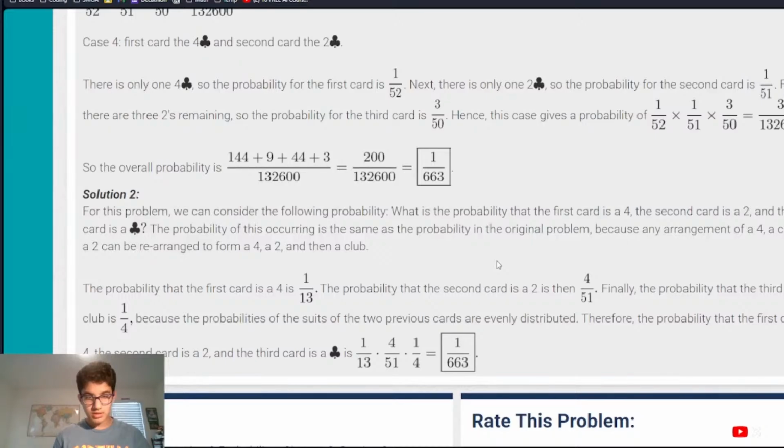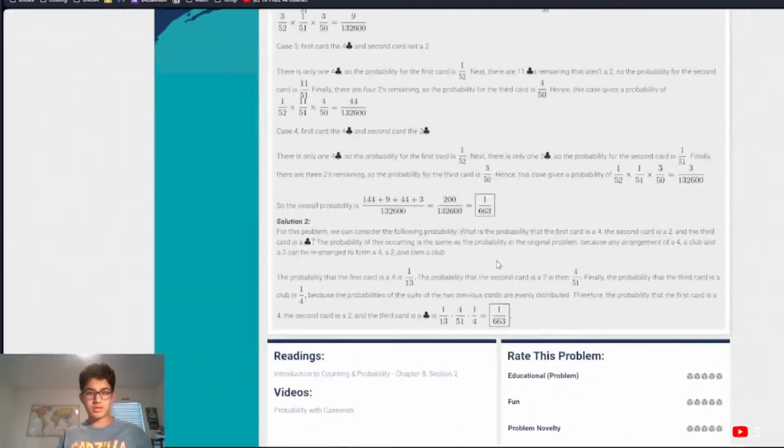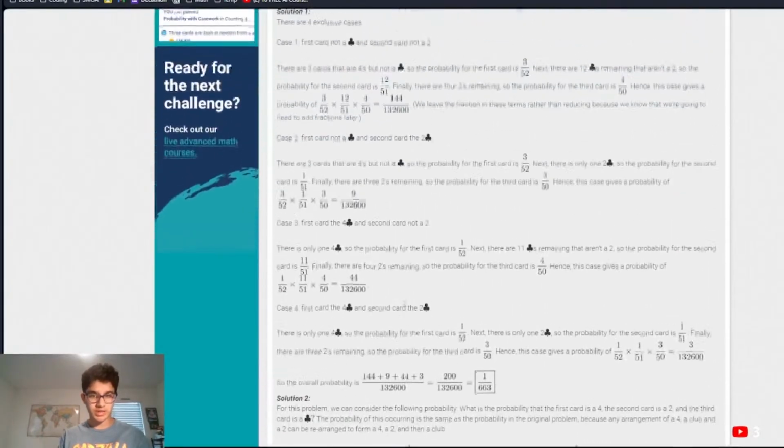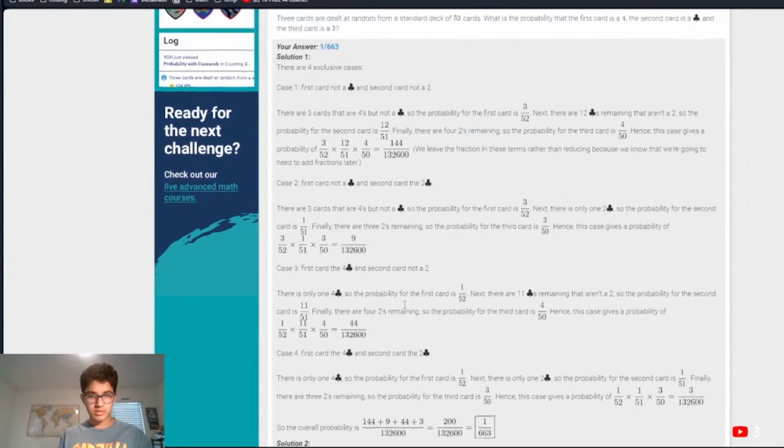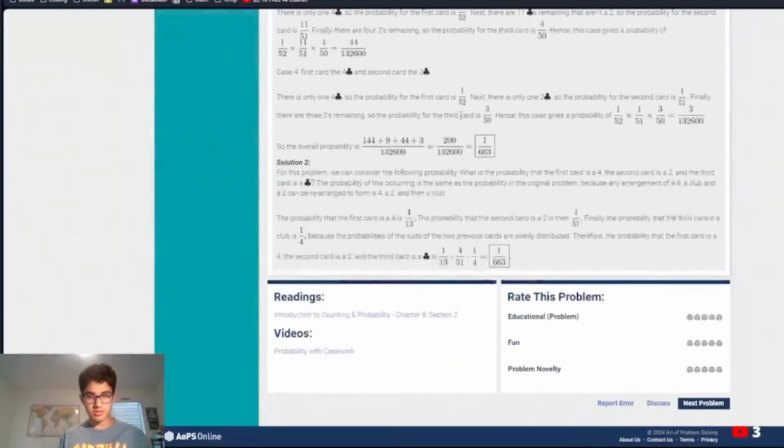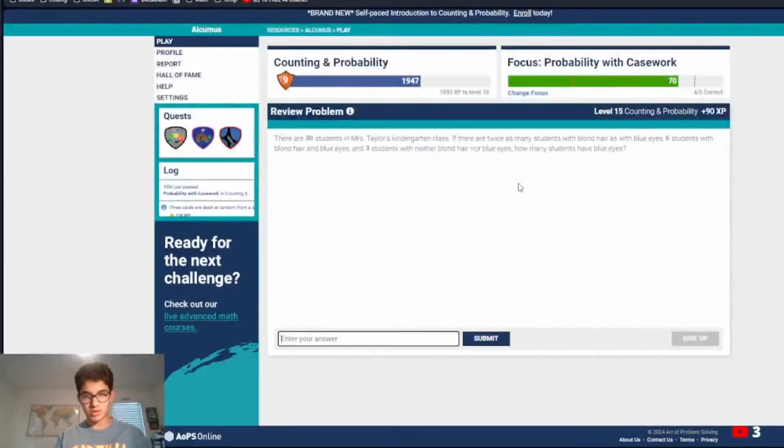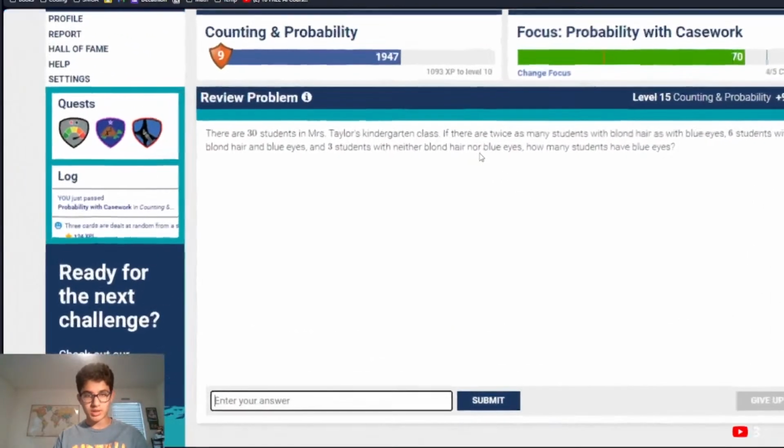Okay, so they did this. Finally, the probability that the third card is a club is 1/4. Okay, it's a much smarter way to do it. You change the order and then the calculations become easier and you don't have to do casework then. But okay, it's a good question. It was just a bit messy to do all the calculations. I'm glad I got that right though.